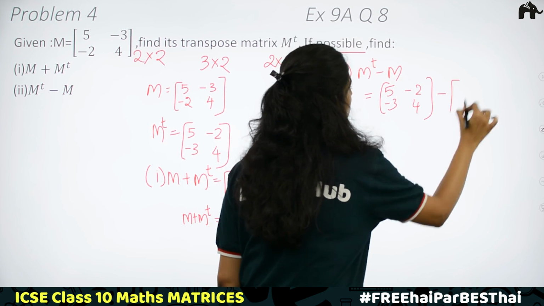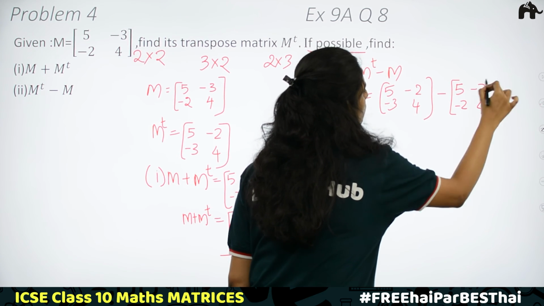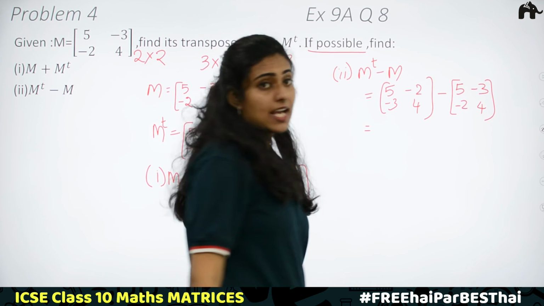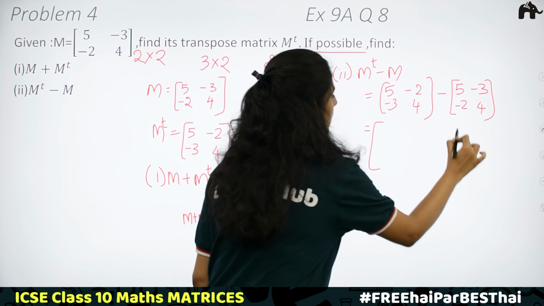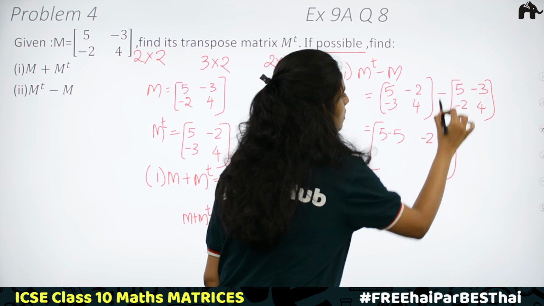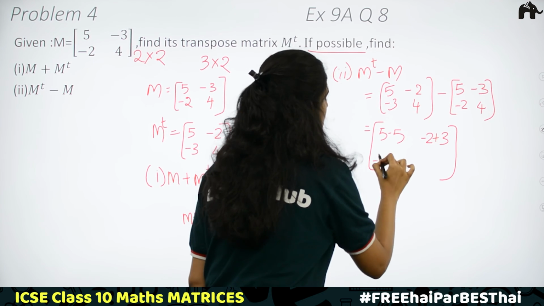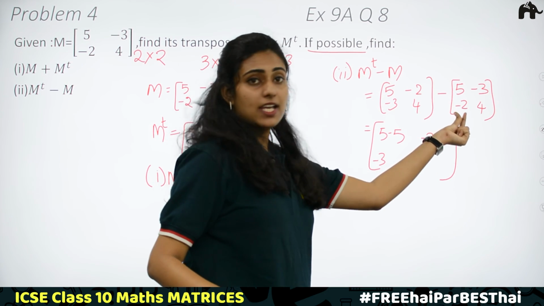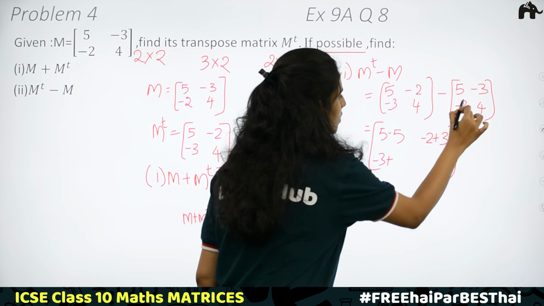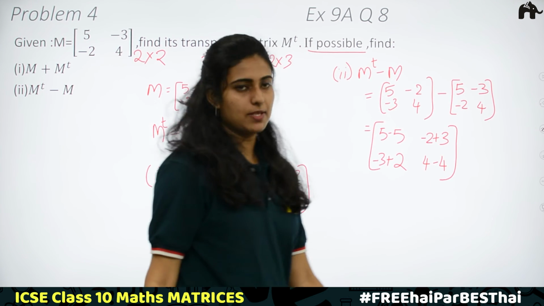M is equal to 5 minus 3 minus 2, 4. Now subtracting them. The first element will be 5 minus 5. Second element minus 2 minus of minus 3 plus 3. Minus 3 minus of minus again plus 2. 4 minus 4 is the fourth element.